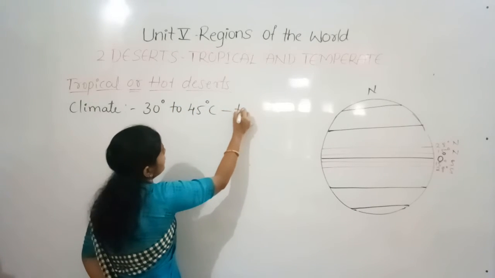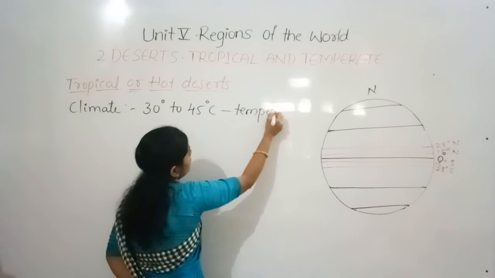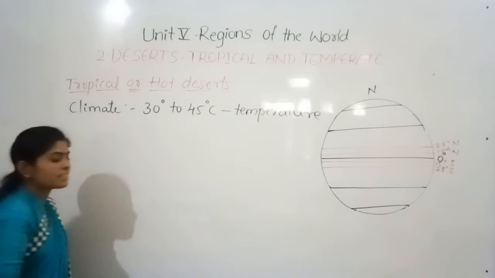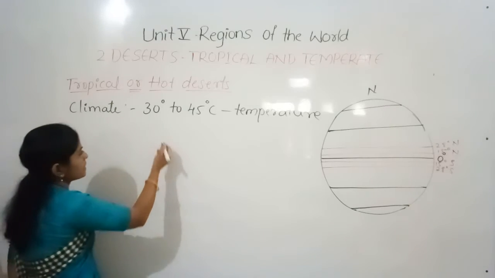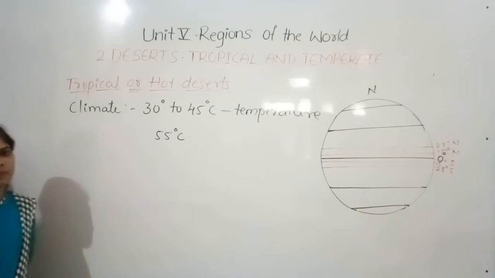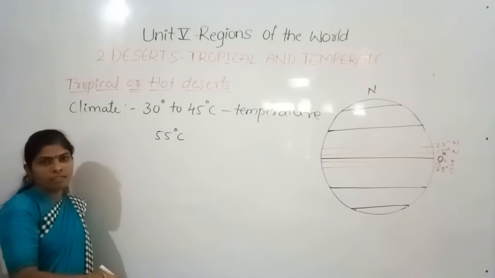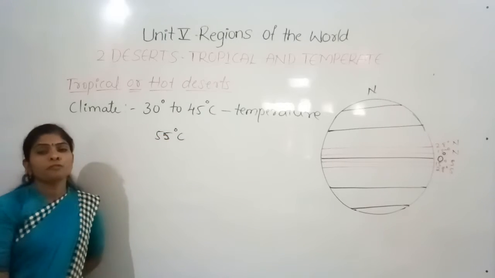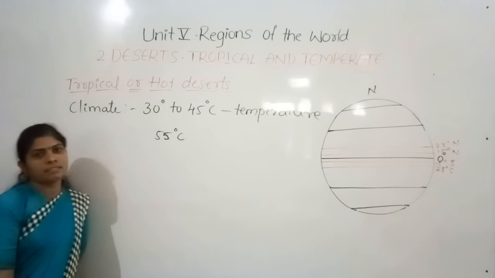This is the temperature in the hot deserts. And sometimes it may exceed 55 degrees Celsius if there is no rainfall for several years. At that time it may reach up to 55 degrees Celsius.